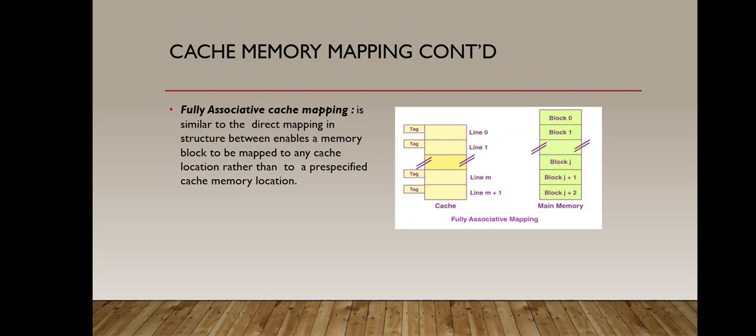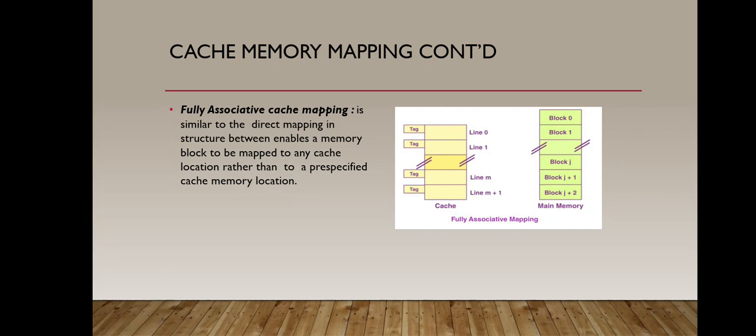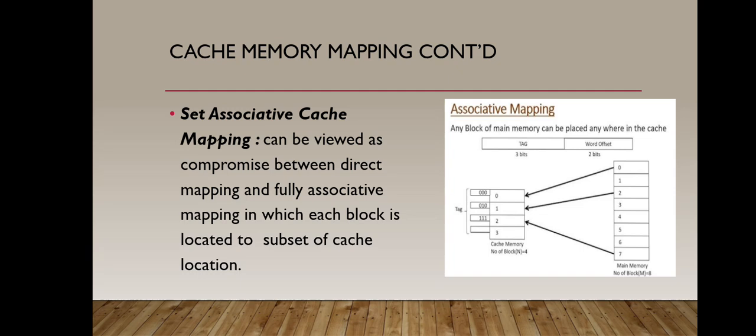So for the direct map cache, they are pre-specified, but the fully associative cache mapping just enables the memory block to be mapped to any cache rather than it being pre-specified.